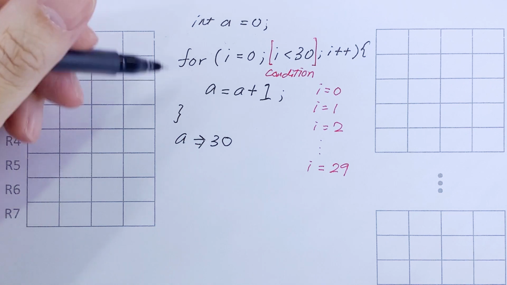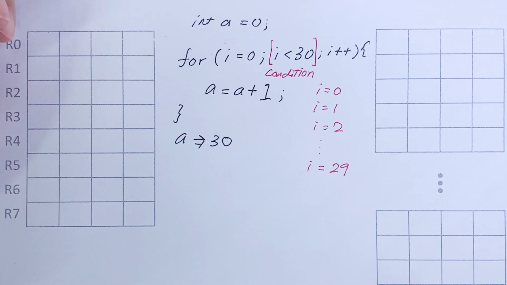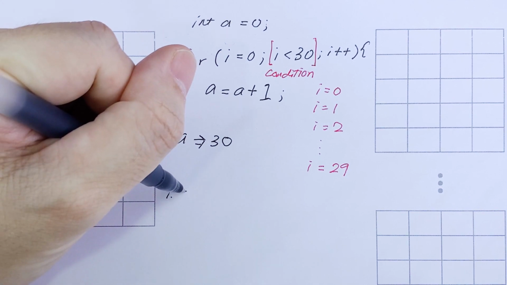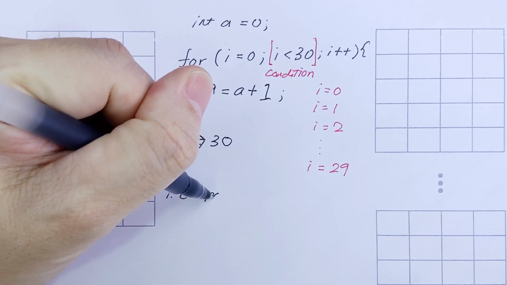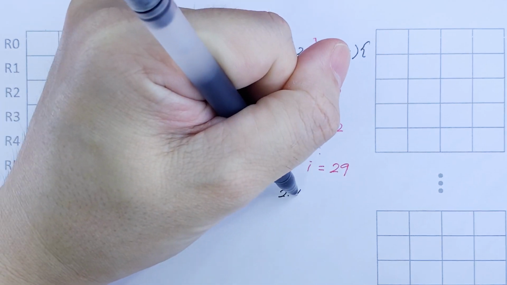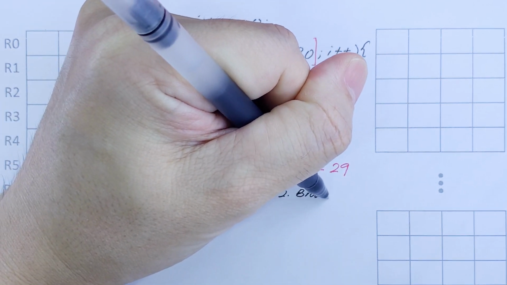To implement such a for loop in ARM assembly language, we're going to need 2 instructions. The first one is compare, and the second instruction is called branch.